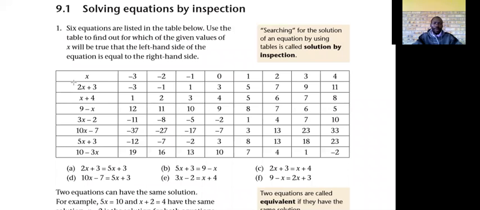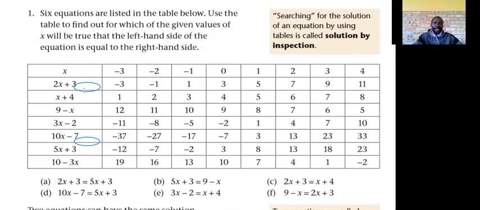So this is what we have, and we have this one here. You see, for the first equation. Now I'm going to make it a little bit bigger. All right. Let me remove this, and do it again.